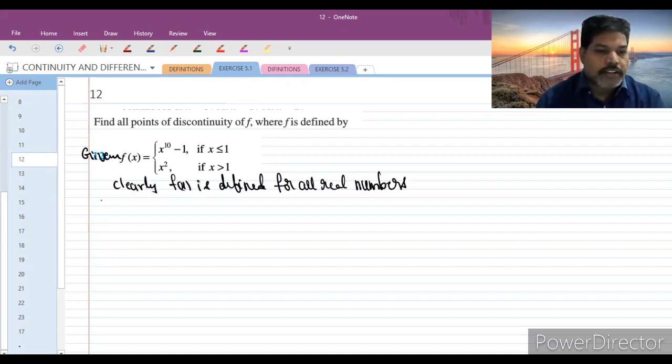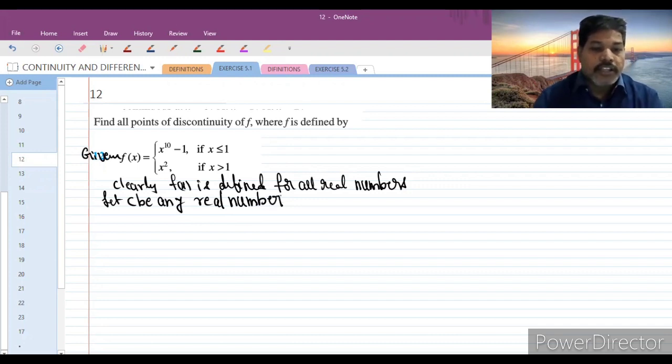Then let c be any real number. Then what happens, students? How many cases will you get?